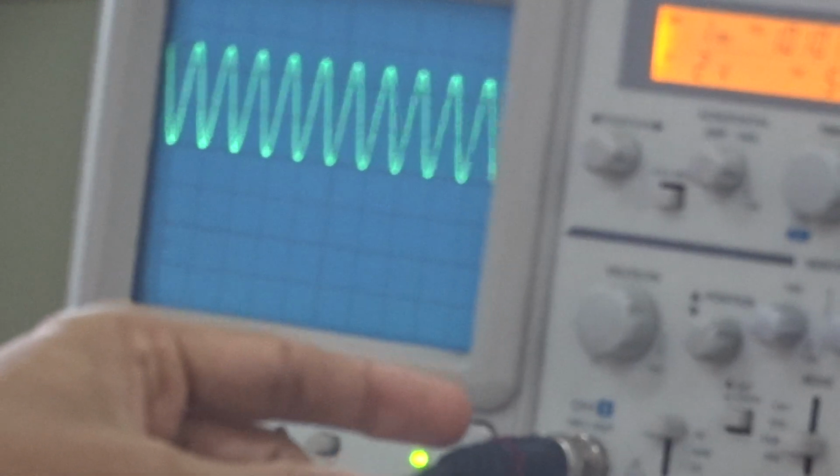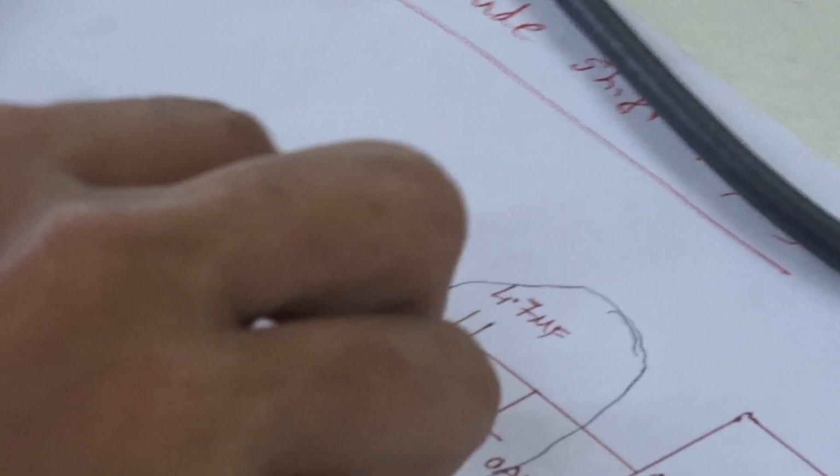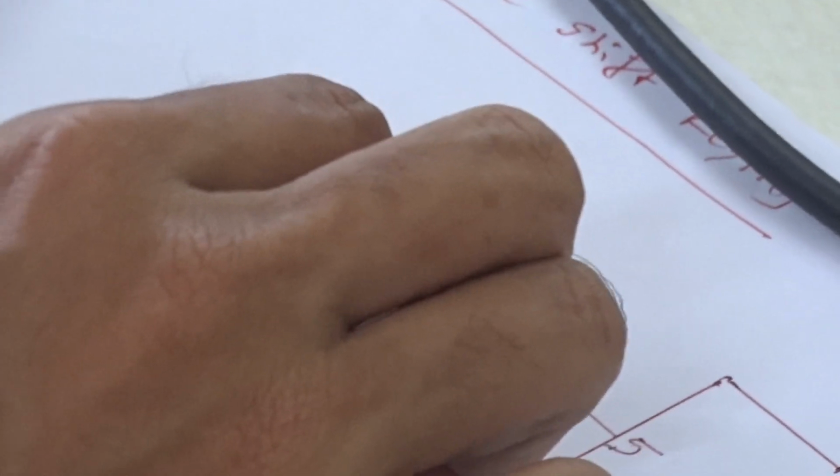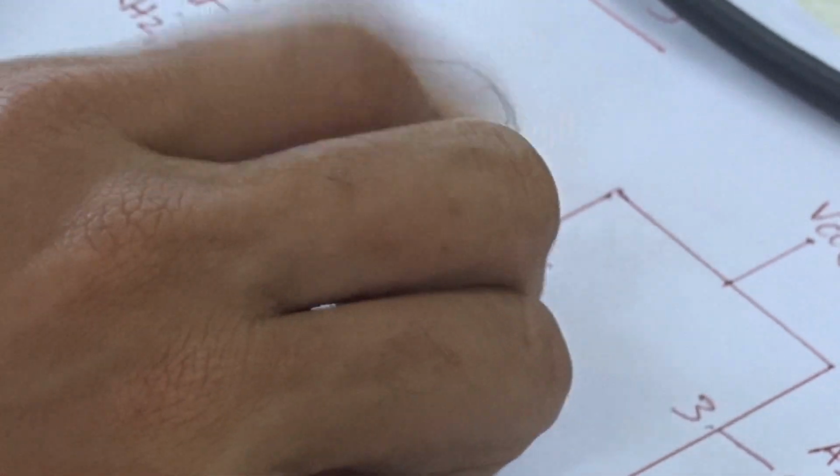Now let me connect this carrier wave to the circuit. I am using this CRO probe now. It is connected to the capacitor, meaning the carrier is connected to this point. This clamper circuit is used to shift the level of that sine wave. Then it is connected to pin number 5.